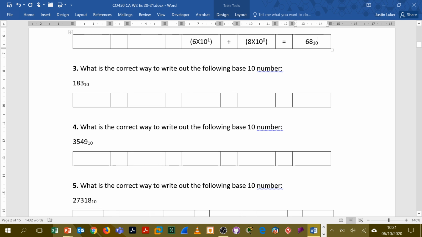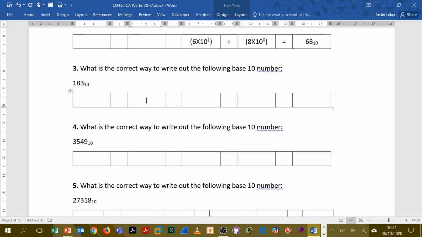And then if we were looking at this one, so we've got 183. So we'd recognize that we've got 1 of 10 to the 2, 8 of 10 to the 1, and 3 of 10 to the 0. And again, we could write that out in that longer form.